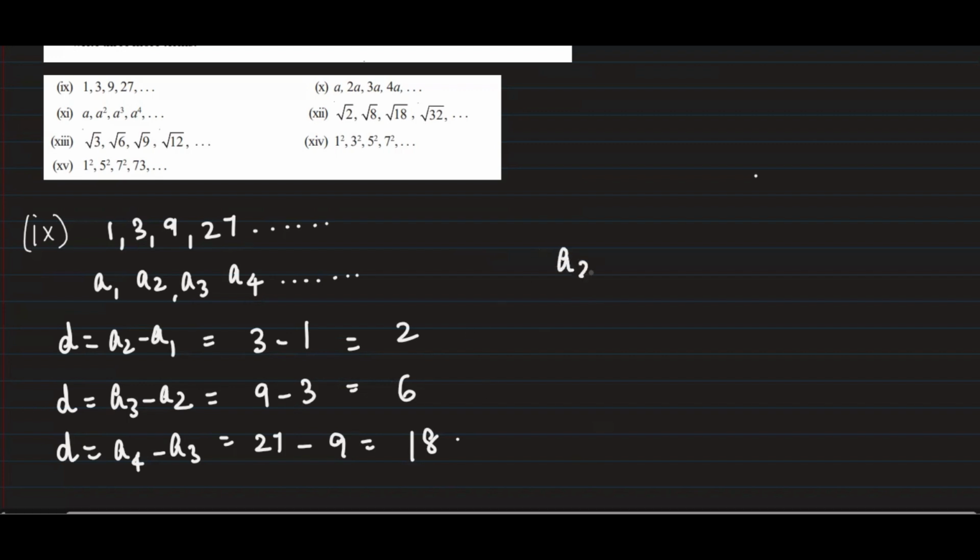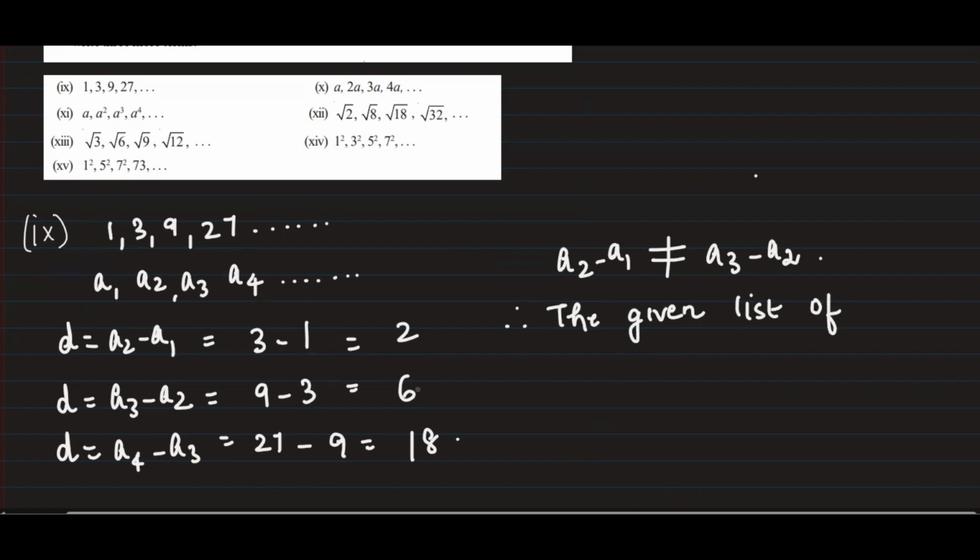We should say A2 minus A1 is not equal to A3 minus A2. Therefore, the given list of numbers does not form an AP.